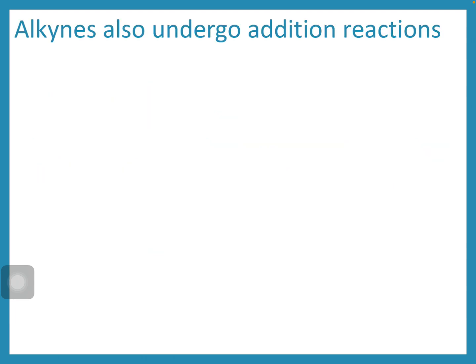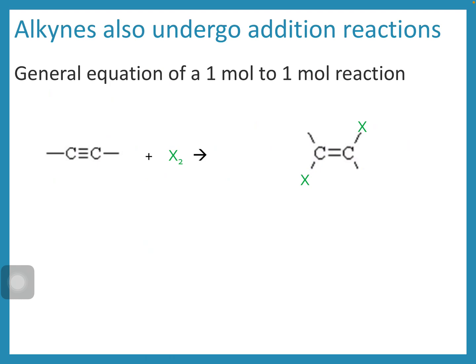So alkynes can also undergo addition reactions. So if we have a 1-to-1 mole ratio, so 1 mole of alkyne to 1 mole of whatever is being added, then that will result in an alkene. So if 1 bond is broken here, then we'll have an alkene, and then once again, it doesn't matter which of the small molecules, all of the same rules from before apply.